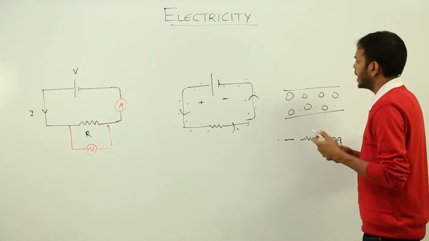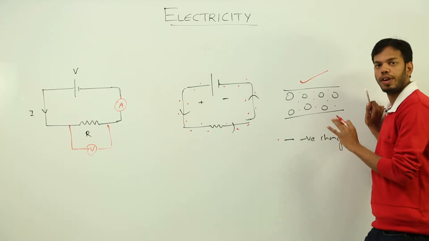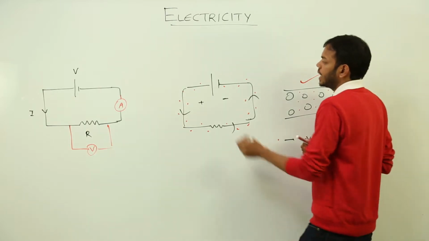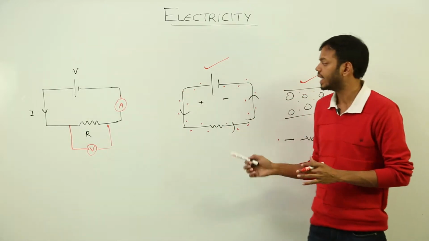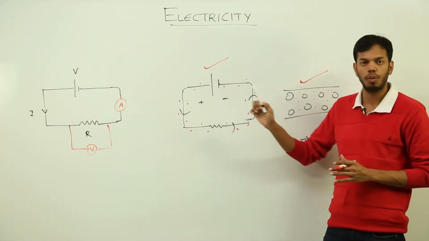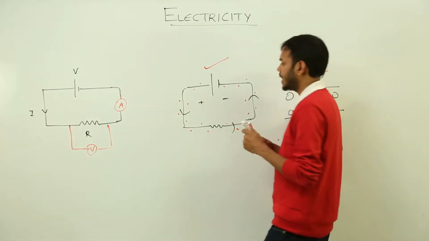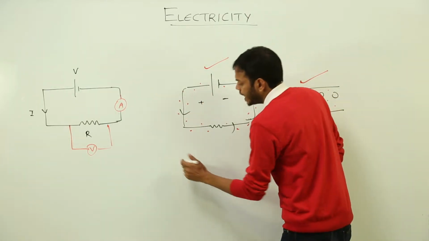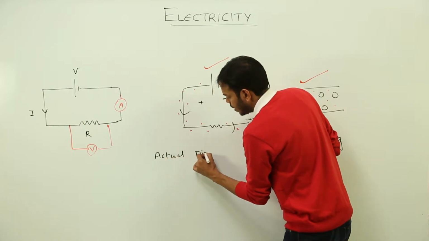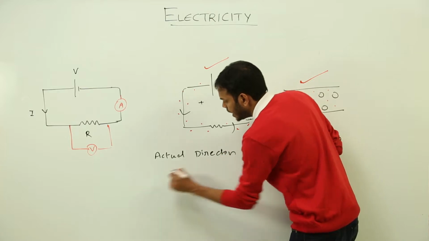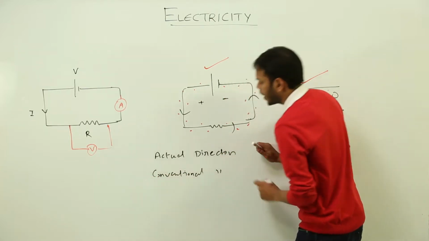I'll explain. The right thing is, the current is due to flow of electrons. That is right. This diagram is also right, but the direction of flow of current from positive to negative is the only thing wrong here, because we do not take the actual direction of flow of current. We always take the conventional direction of flow of current.